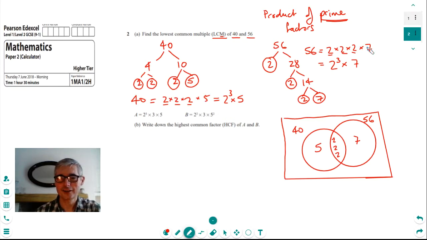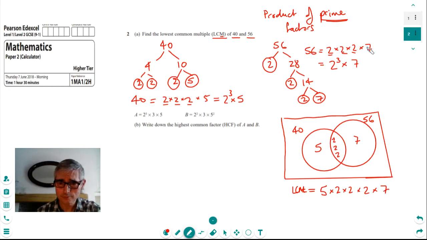And then to get the LCM, the lowest common multiple, we simply take all these numbers and multiply them together. So the LCM is equal to 5 times 2 times 2 times 2 times 7.